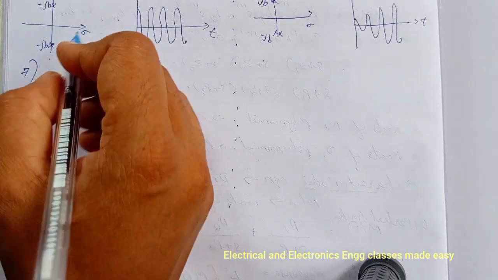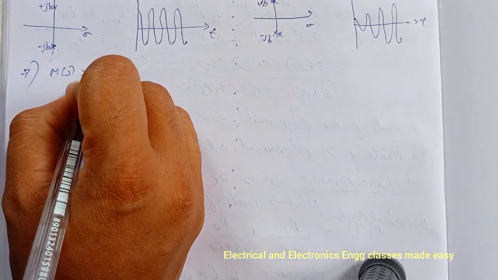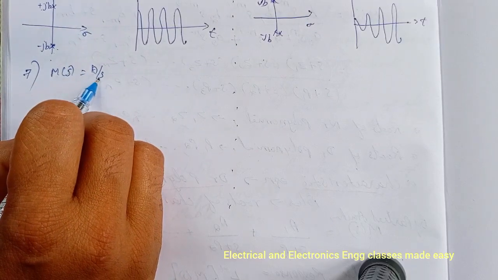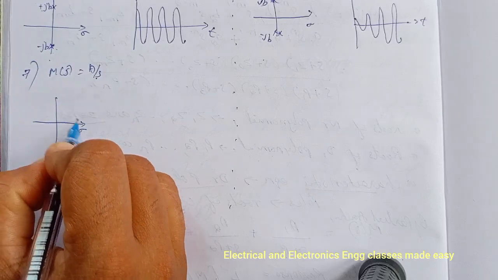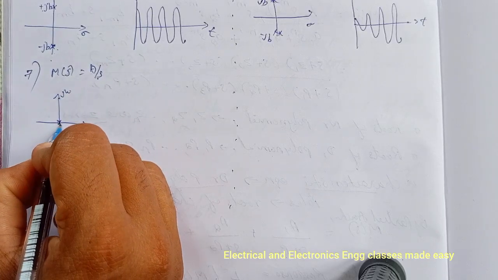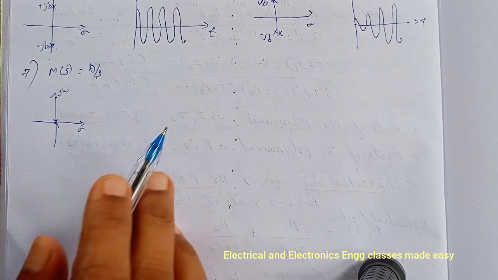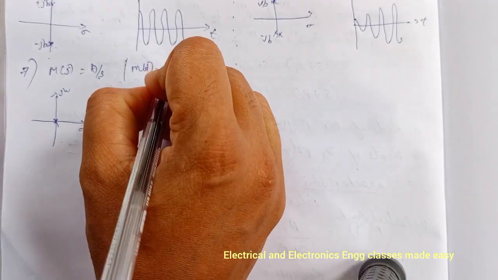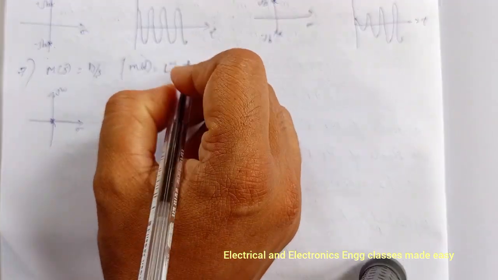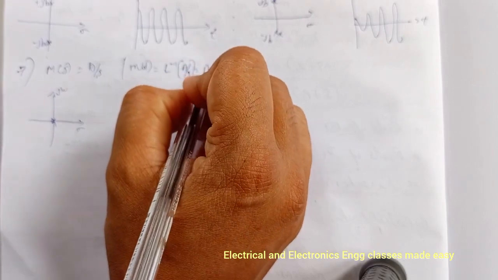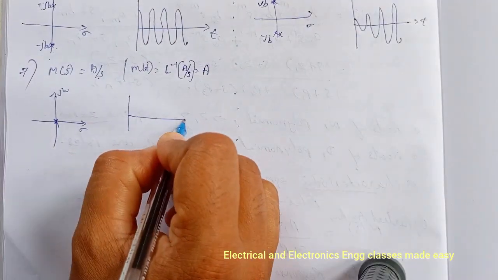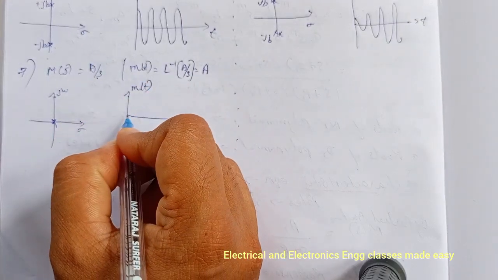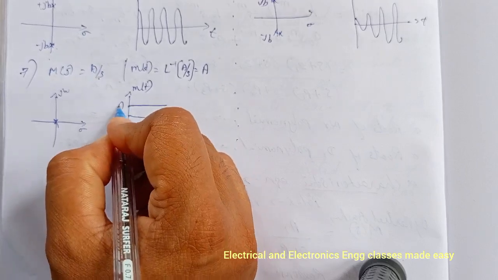Next is m of s equal to a divided by s, that is a single root at origin, s equal to 0. We can locate it on sigma j omega, this is the root, so a single root at origin. Here the response is m of t equal to the inverse Laplace transform of a divided by s, that is equal to a. So the response is constant, it is a.